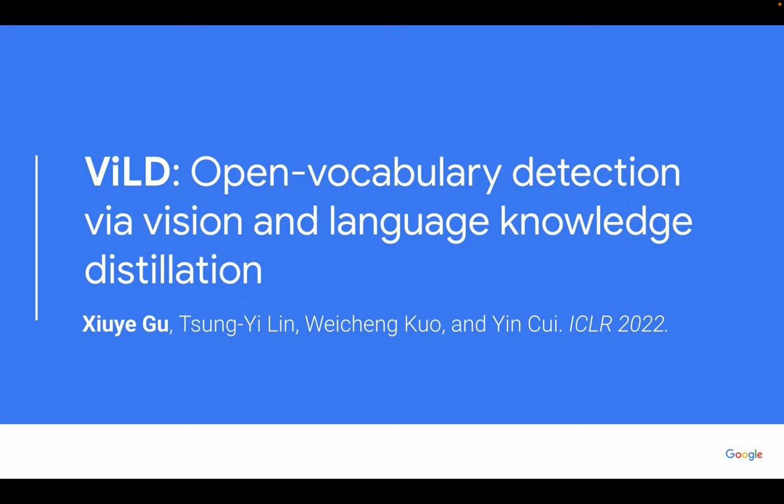But unlike image classification, we don't have paired text and object or segment cheaply available on the internet, so we need to design some specific techniques. So the first project I'd like to talk about is ViLD, Open Vocabulary Detection via Vision and Language Knowledge Distillation. This is a joint work with Zhongyi, Weicheng, and Yin.